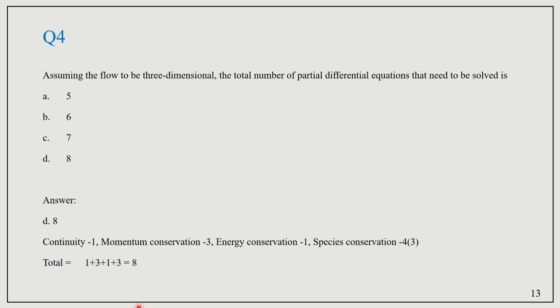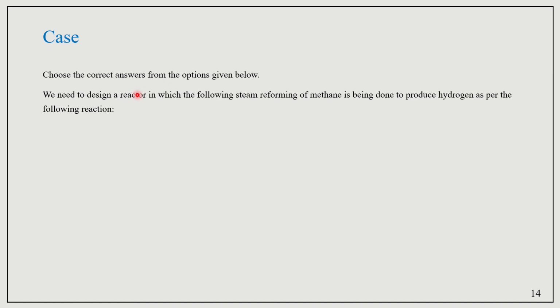So now moving on to the second case. Choose the correct answer from the options given below. We need to design a reactor in which the following steam reforming of methane is being done to produce hydrogen as per the following reaction.